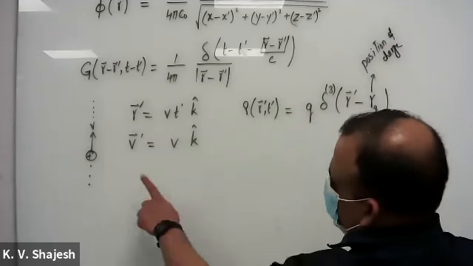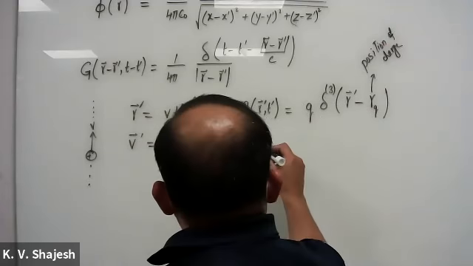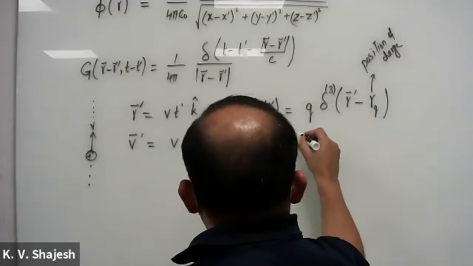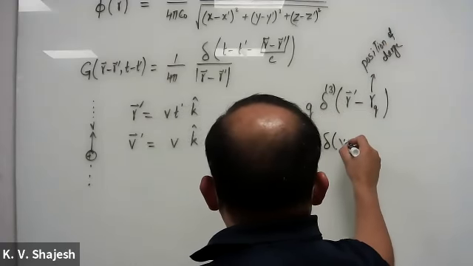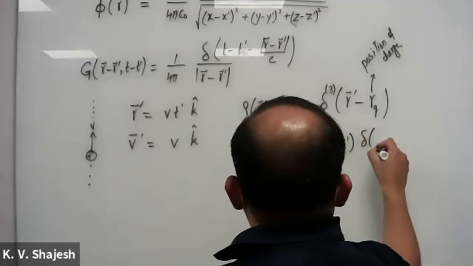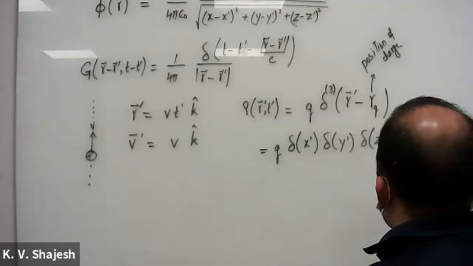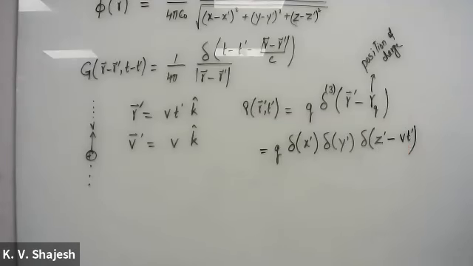Where is the charge sitting? So that's equal to q times delta of x prime, delta of y prime, and when it comes to z prime, it is equal to z prime minus vt prime. That's the position where the charge is at any point. So that makes it more clear.